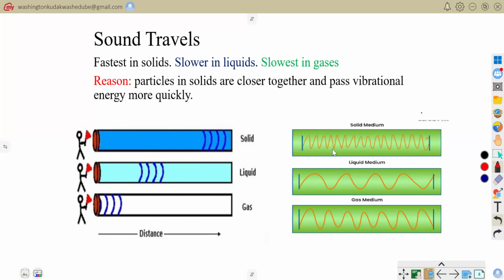It just shows us how fast in the solid particles our sound would travel, and how slowly the sound would travel in the gas medium.